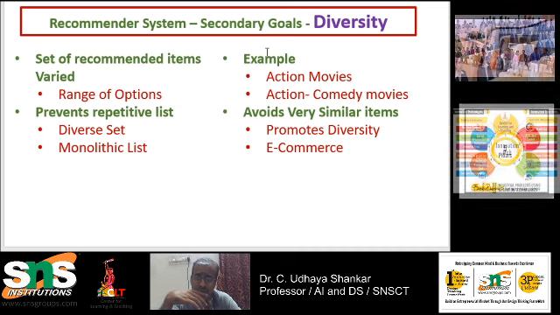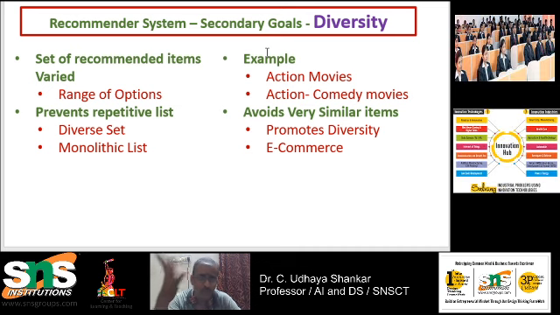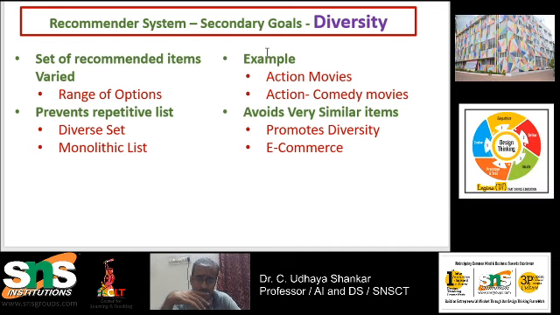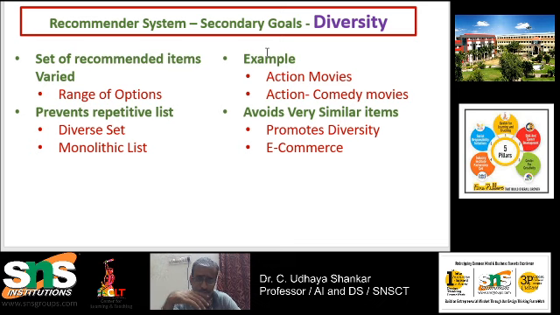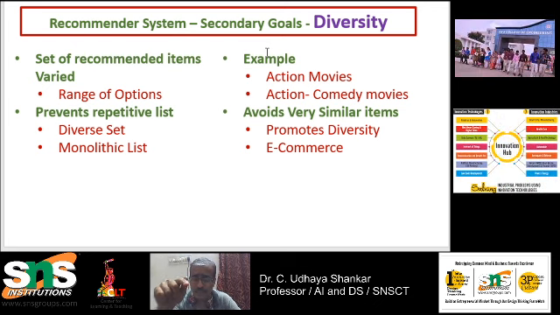In the 1990s we had very few brands, but after 2020 there are several hundreds and even 1,000 brands of each and every product. So the user should also be aware of the new brands coming into the picture. That's why a diversity based recommender system helps in boosting e-commerce business.